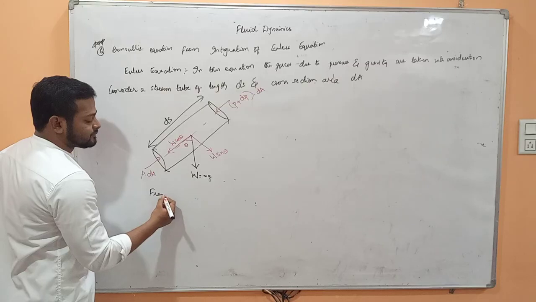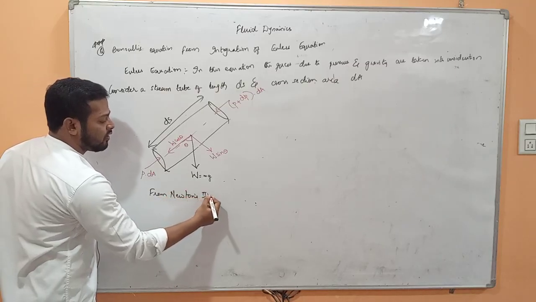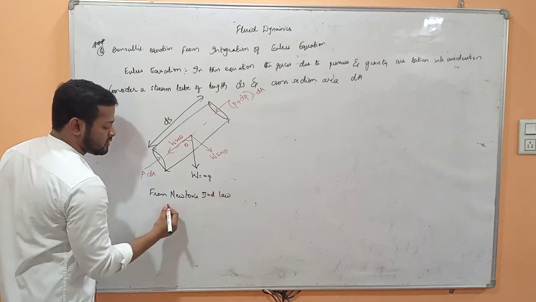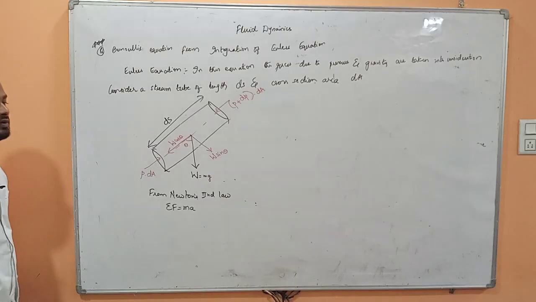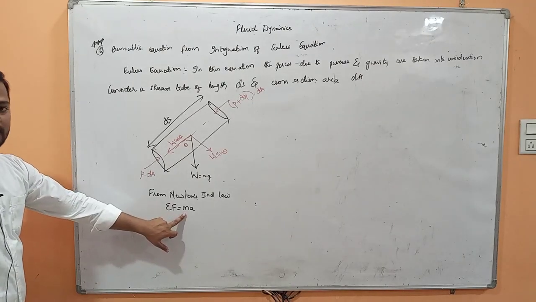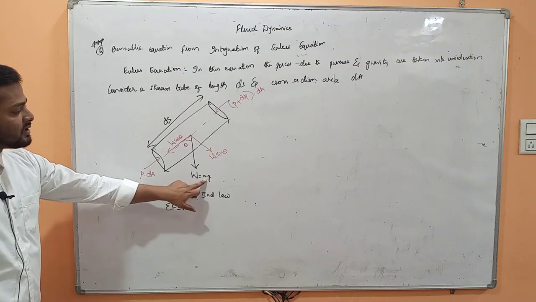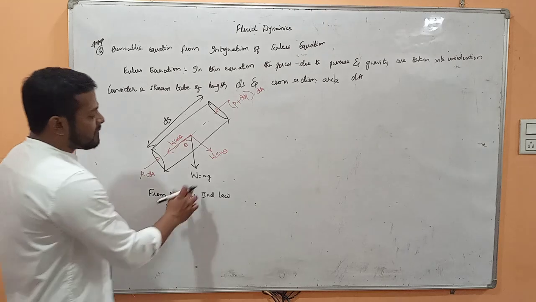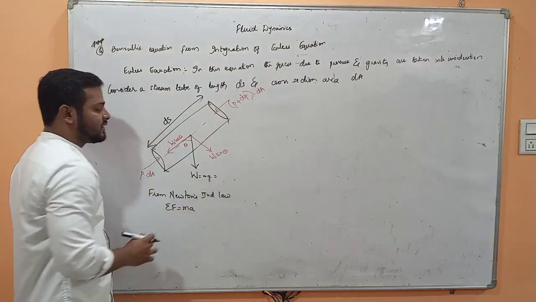So from Newton's second law, sigma F is equal to ma. Okay, so what is mass? Mass can be written as density into volume. So can you see this term W, mass m into g here? So mass can be written as density into volume. So what is the density here?